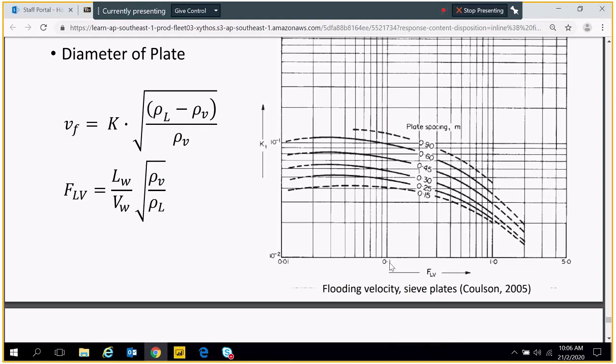Okay, remember this. Same also: 0.1, 0.2, 0.3.